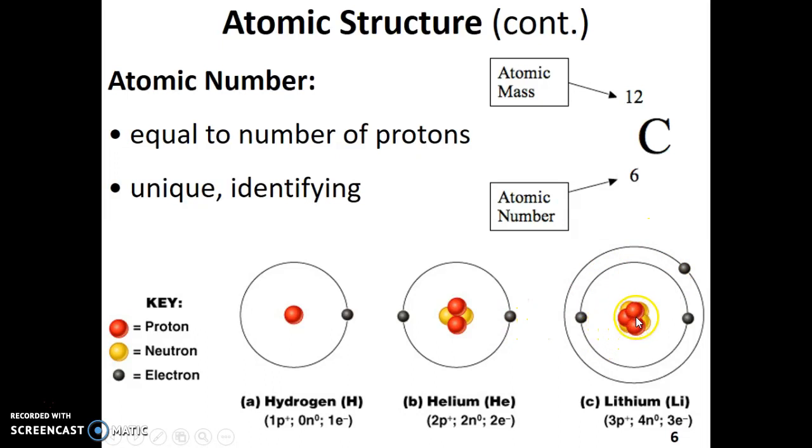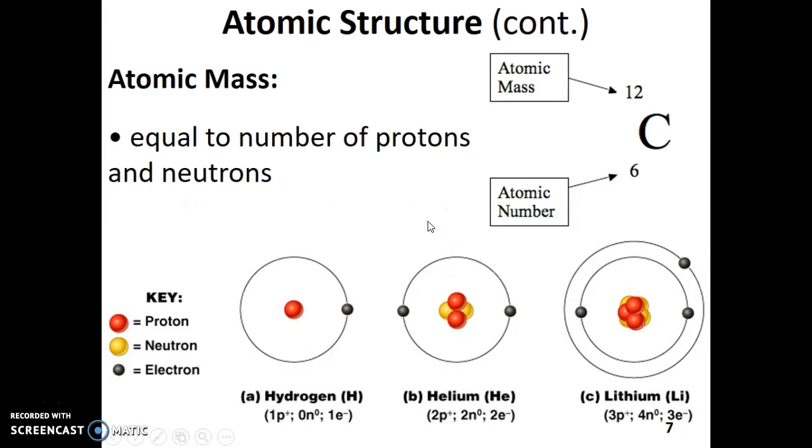It has 3 protons, and it has 3 electrons, and then it has 4 neutrons. The atomic mass is the mass of protons plus neutrons. So how many protons and how many neutrons we have. So we have 6 protons, and if the atomic mass is 12, we know that we have to have 6 neutrons as well.